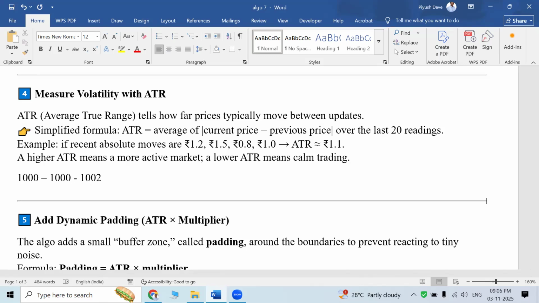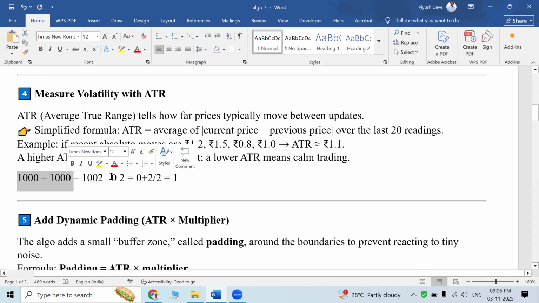So first, there is no difference in the price: 1000 minus 1000 is 0. Then there is a change in price of 2. So the ATR will be 0 plus 2, divided by, we have taken 2 readings, so divided by 2. The ATR is 1.